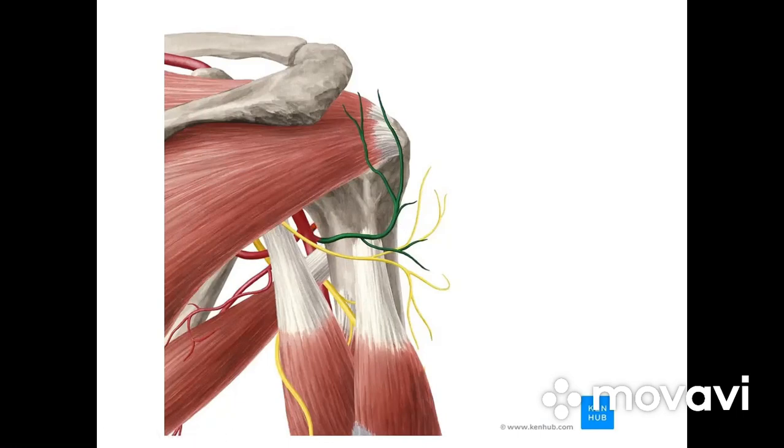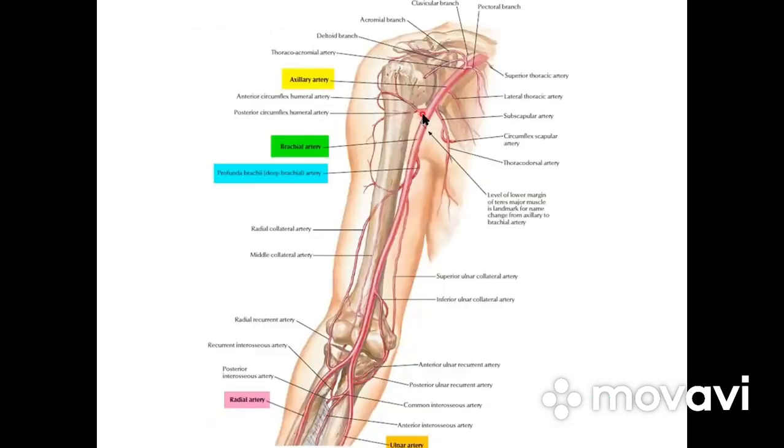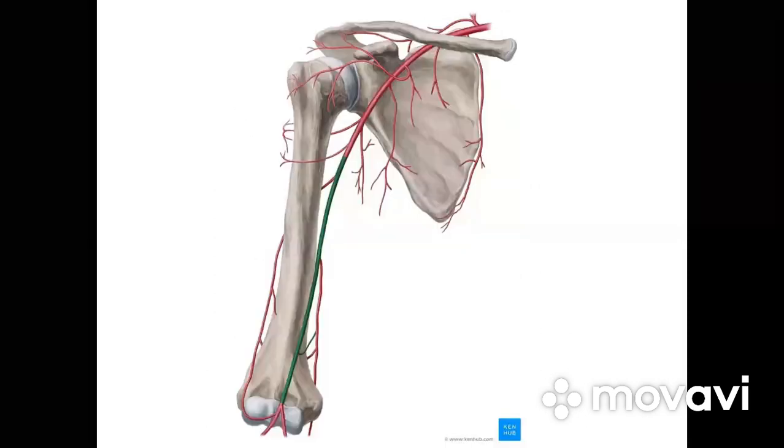The branches which begin from the posterior circumflex humeral artery supply the shoulder joint, the deltoid muscle, and the skin around them. The anterior circumflex humeral artery goes around the surgical neck anteriorly and makes an anastomosis with the posterior circumflex humeral artery. It also will supply components of the shoulder joint.